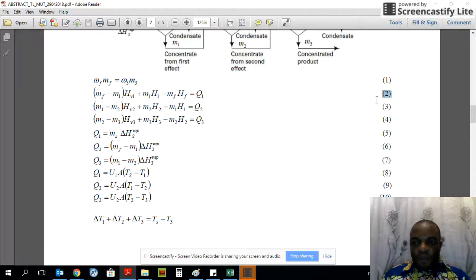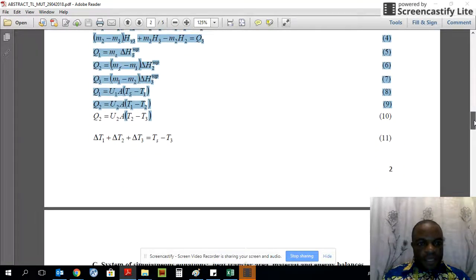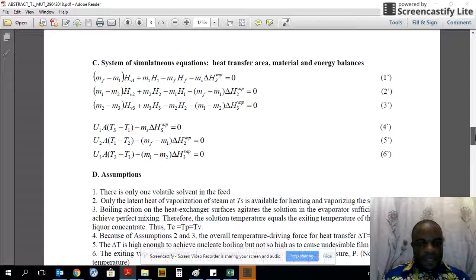So combining or rearranging equations 2 up to 10, one can come up with the system of six equations and six unknowns.